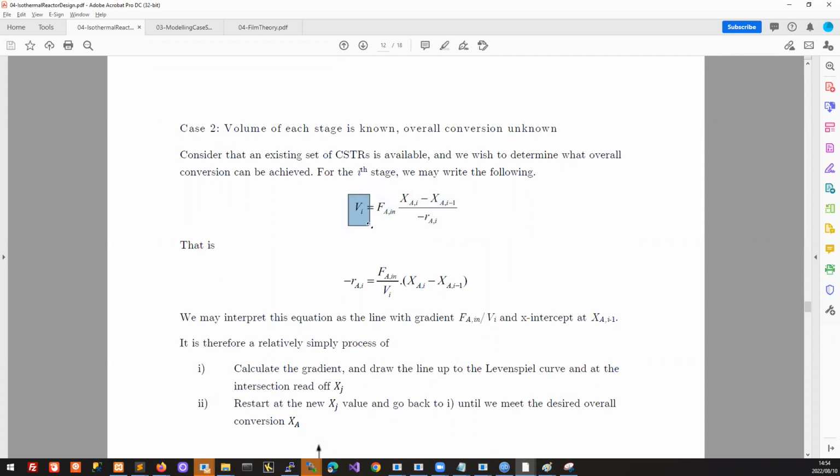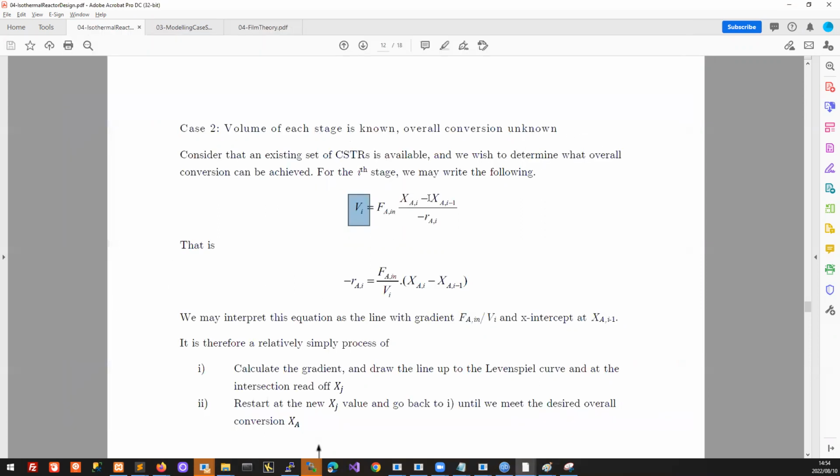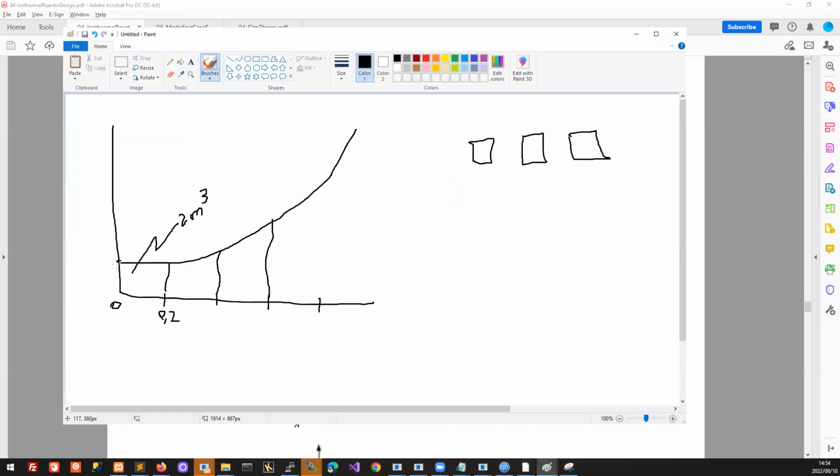So what we have to do there is, if we are given the volume, if we are told, no, you can only have this volume reactor, then obviously we start with a conversion of 0 here. So you have a 0 for the first reactor. And then we can look up at the 0 point for the reaction rate. So we can look here, we can see 1 over RA is this value.